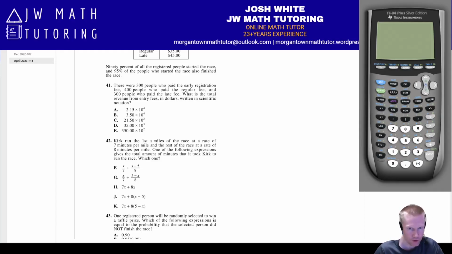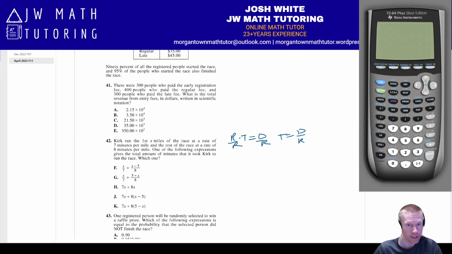Okay, but the thing that's a little tricky here is that normally we're used to rate times time equals distance, right? That formula. However, what makes this tricky is the rates they give you here. Notice if you solve this for time, you get distance divided by rate. In other words, think about a car, miles per hour or meters per second.